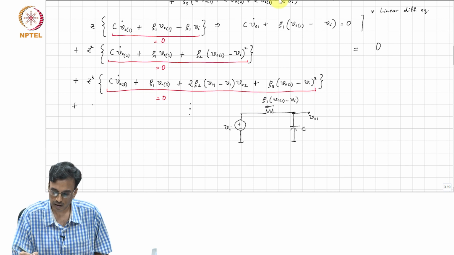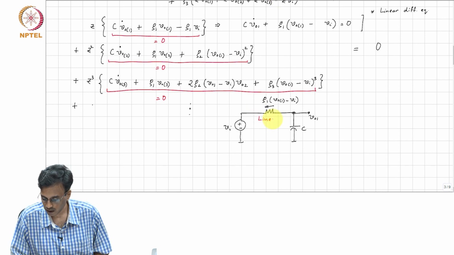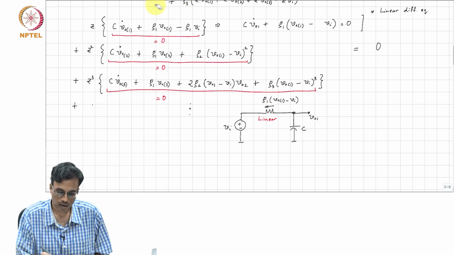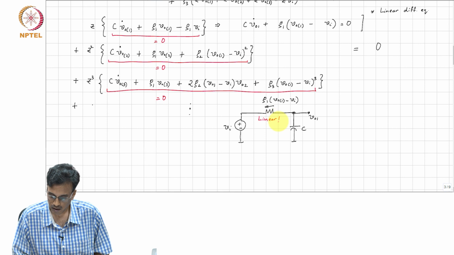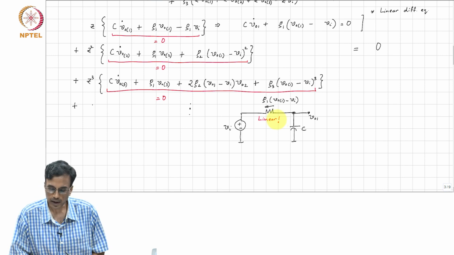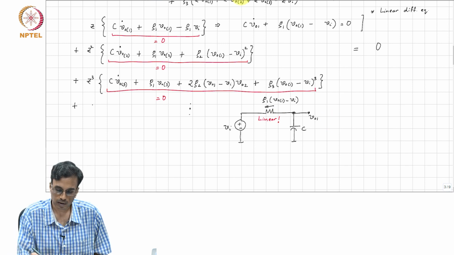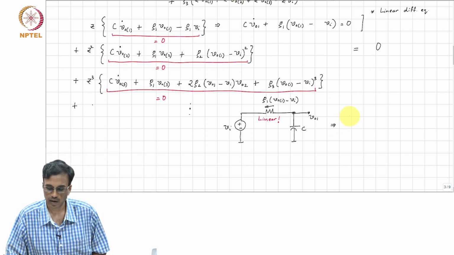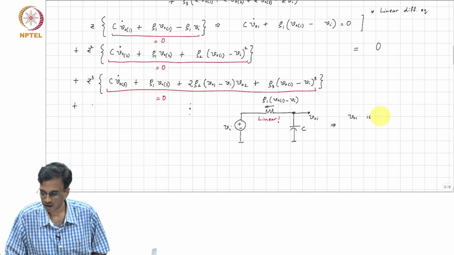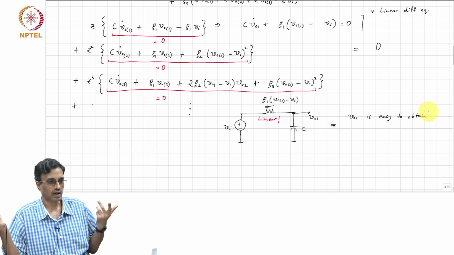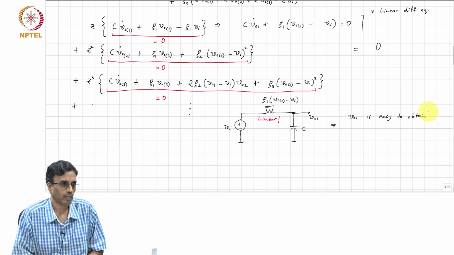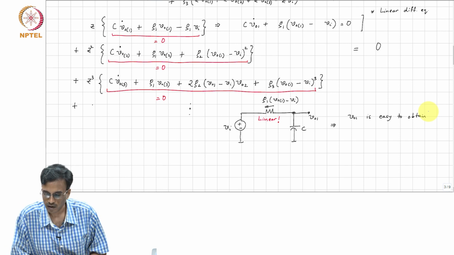Remember, this is a linear network, linear element. So, is V01 easy to solve or difficult to solve? Easy to solve, because the network is linear, we know what to do. Does that make sense?